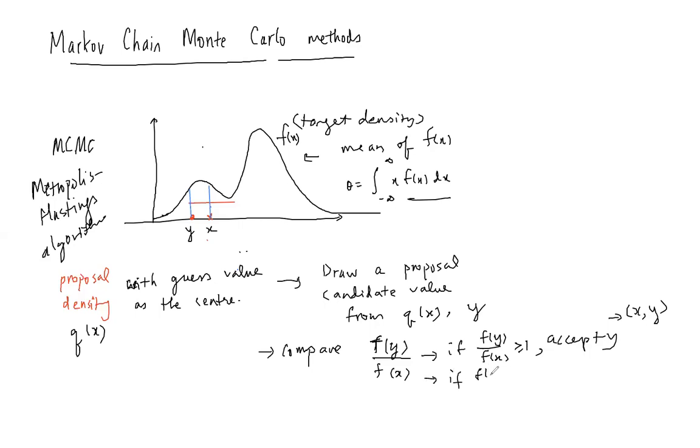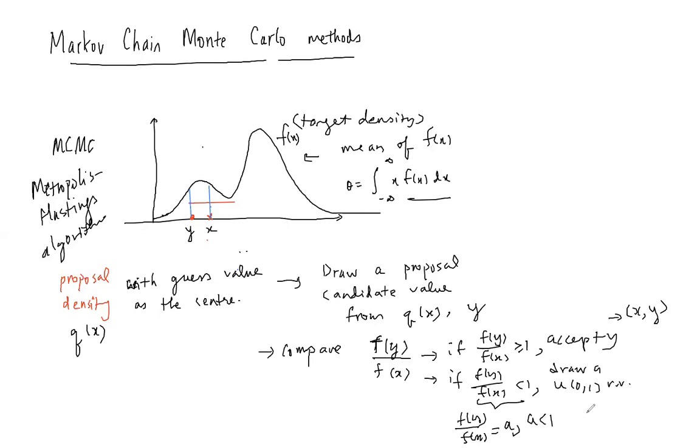Or if this is below 1, what you do is you will draw a uniform 0, 1 random variable. Okay. So let's say f(y) over f(x) is equal to A, where A is less than 1.